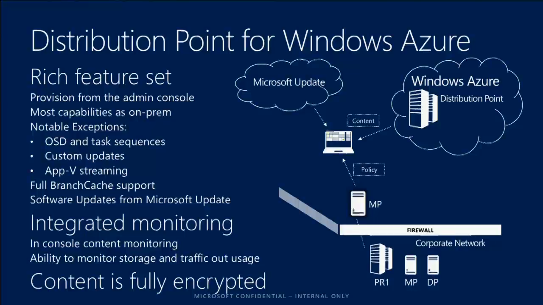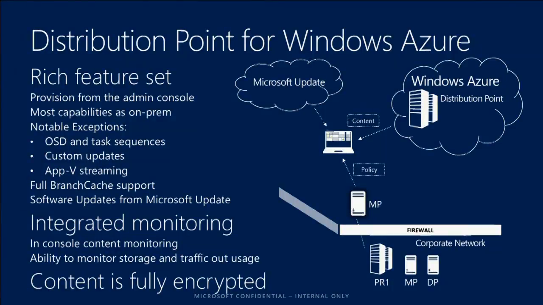The other functionality that we have, just to call out, is that this distribution point is used primarily for a set of content like applications. We've modified our Config Manager client to be smart about certain content types that would be, frankly, silly to have you go to Azure.